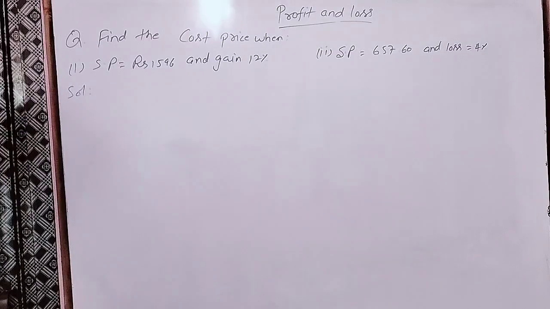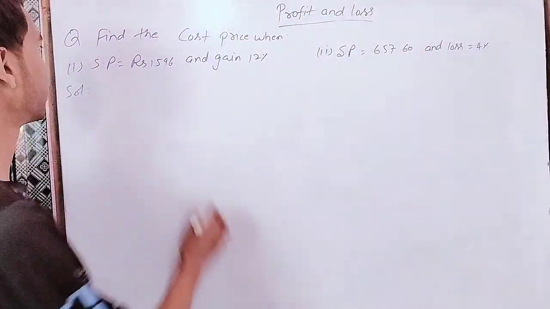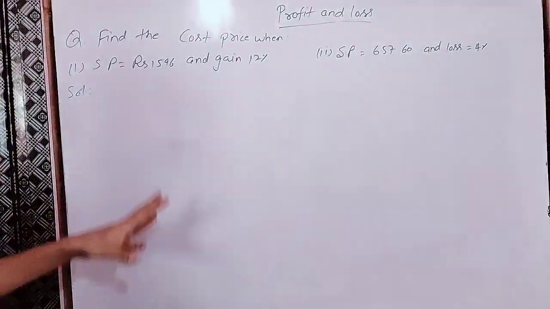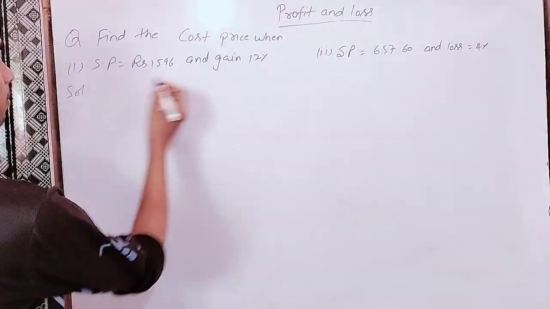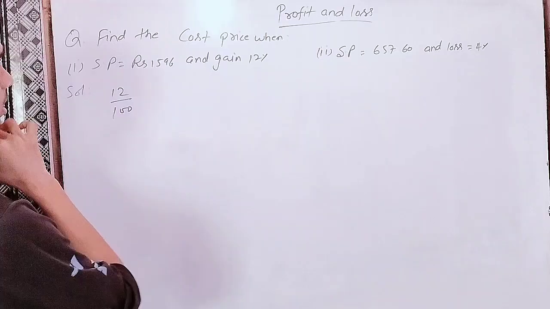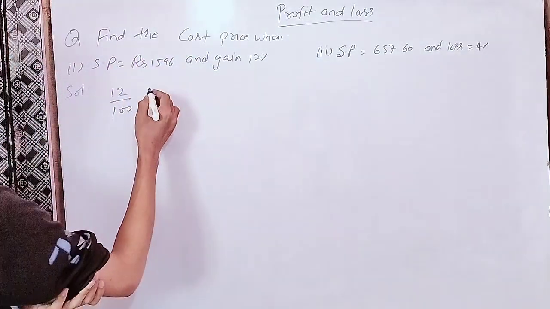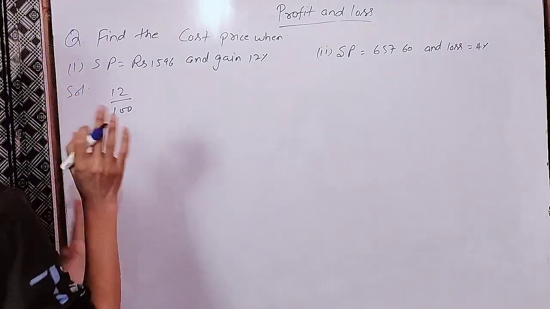Now we have two statements, and each statement is saying find the cost price, where selling price is something and gain is something. Okay, this is gain, which is in percentage. It is a profit on this selling price. Yeah, we know.